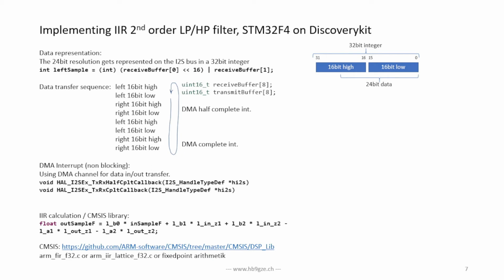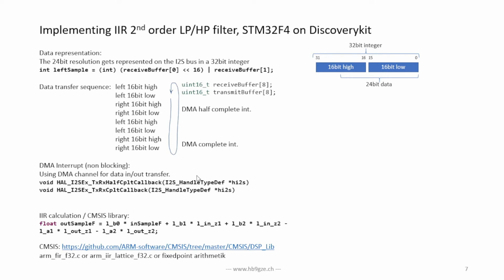The DMA channel is transferring the input directly to the memory or transferring from the memory directly to the output, without using the CPU core. So the CPU core is free for other stuff, for instance, free for calculating the filter, the actual filter.